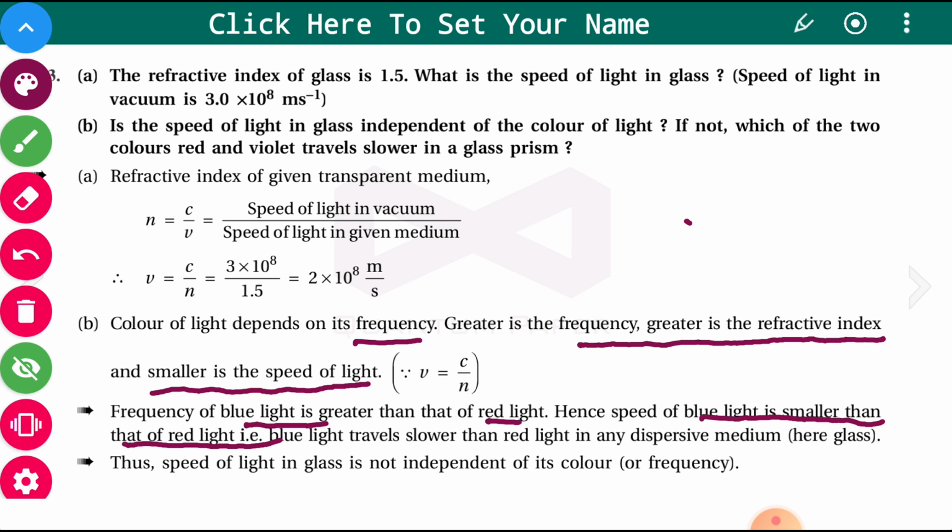So blue light travels slower than red light in any dispersive medium. Here we have glass medium.